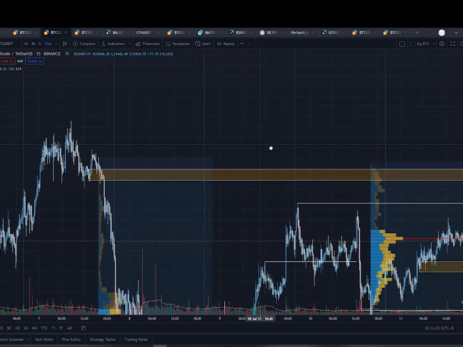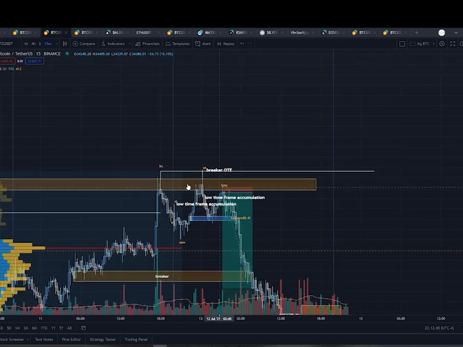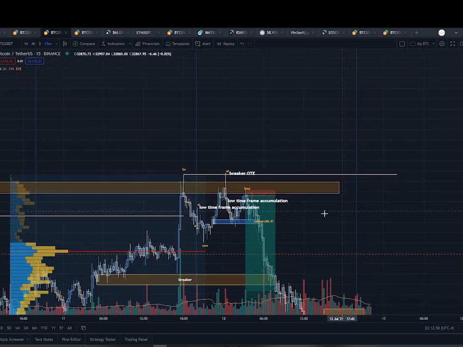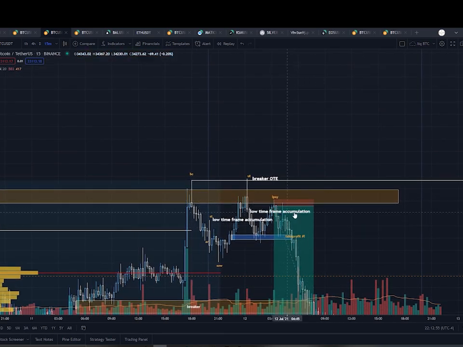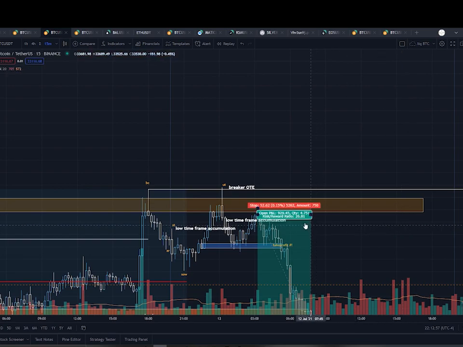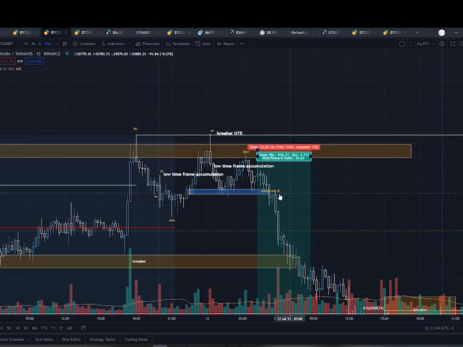I drew the order block on the hourly time frame, but this is a refined version on the 15-minute. So when we traded into this, I pretty much waited for us to come back up slightly, and took a short right here. And this short was on the 5-minute.